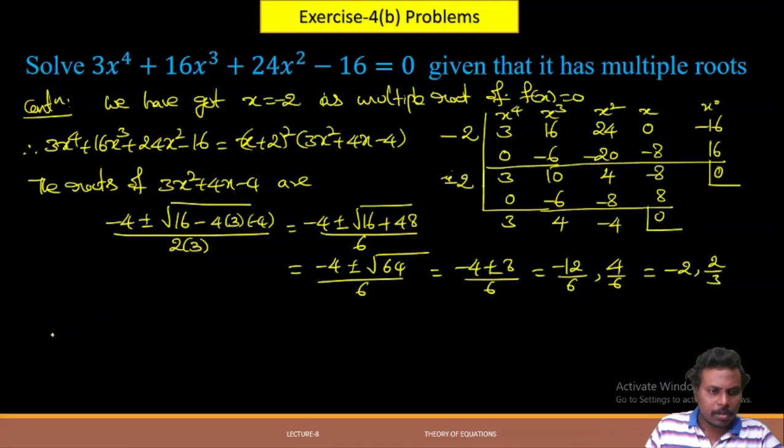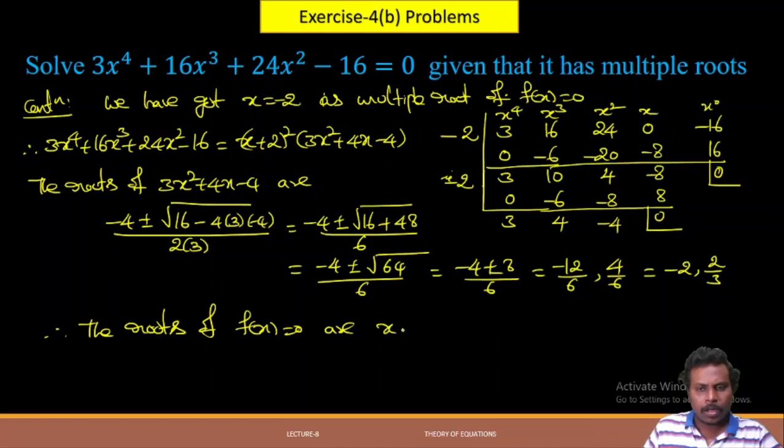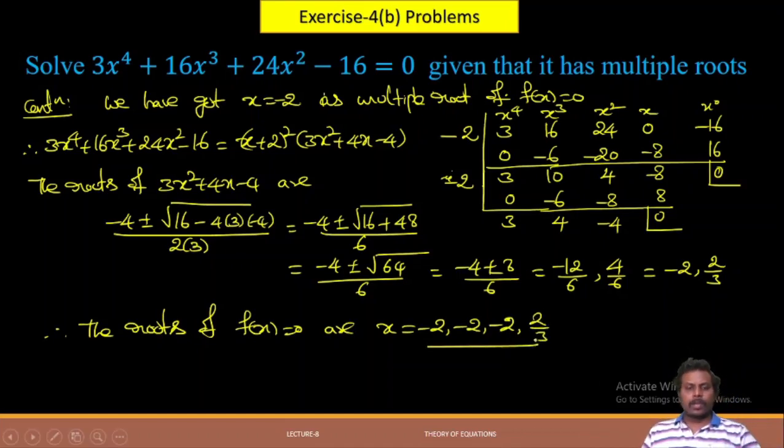Okay, so therefore the roots of f(x) = 0 are x = -2, -2, -2, 2/3.